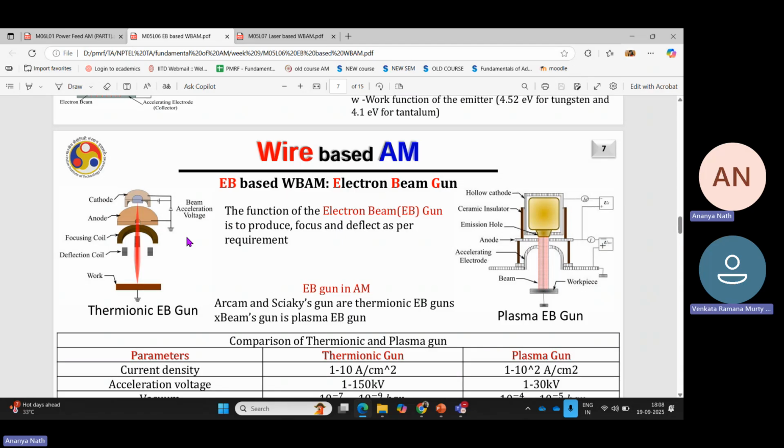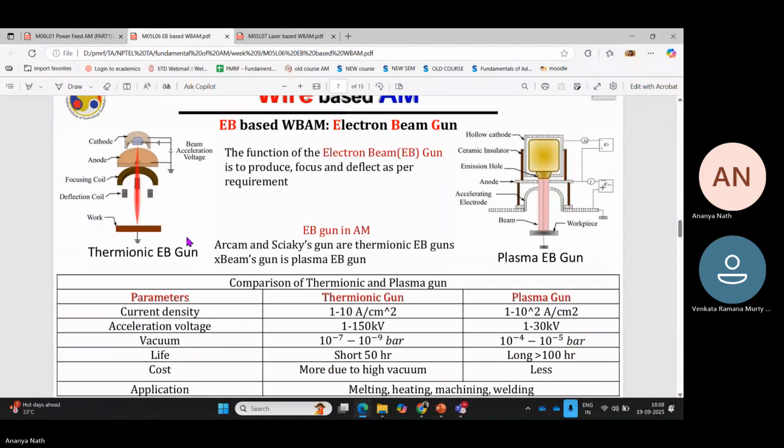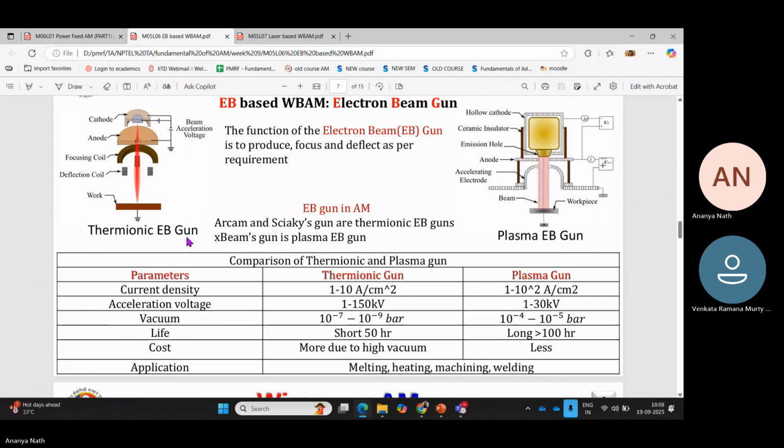As it's an electron beam, not a light source like a laser, the normal lens doesn't work here. The important thing is that here we use a magnetic lens.